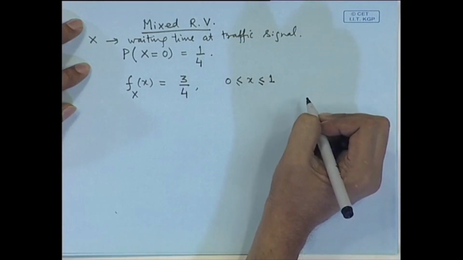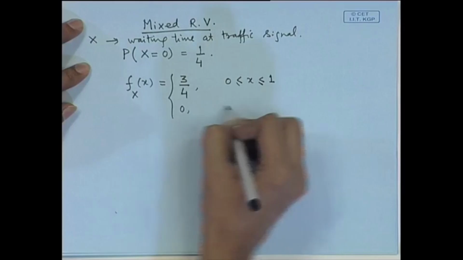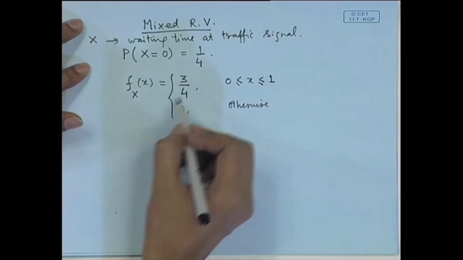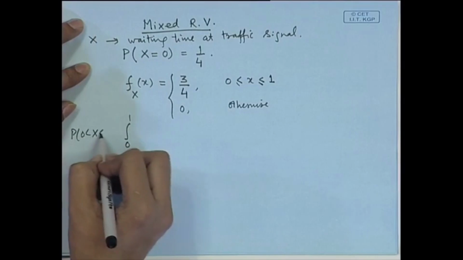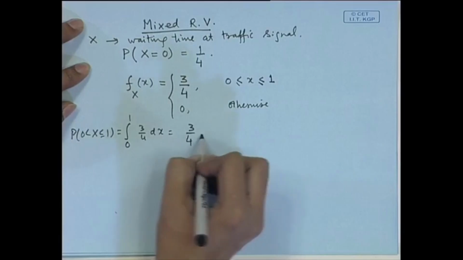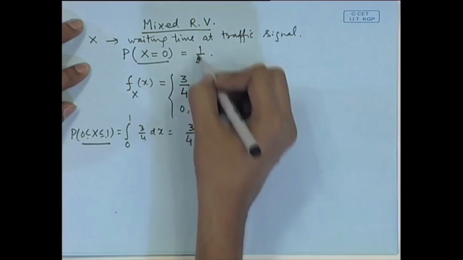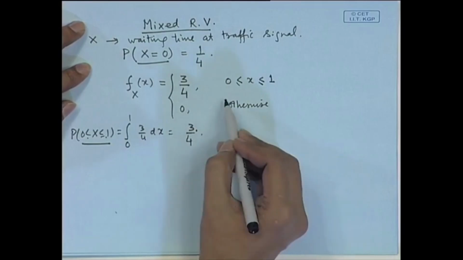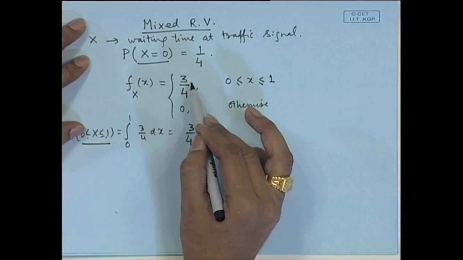He may have to wait for 0 to 1 minute. If we see the total allotment of the probabilities, in this case the probability of 0 less than x less than or equal to 1 is actually equal to 3 by 4. So, probability x equal to 0 is 1 by 4 and probability of x lying between 0 to 1 is 3 by 4. If you add up these two, it becomes equal to 1, but here the distribution is not for a totally discrete or totally continuous random variable.